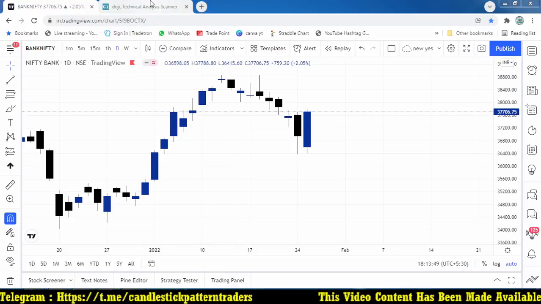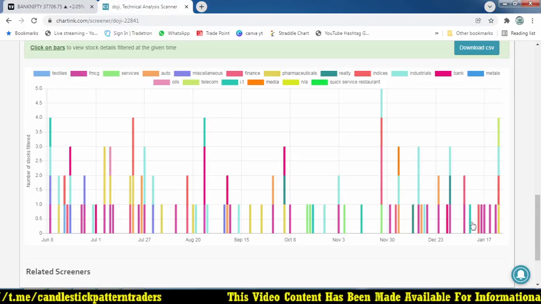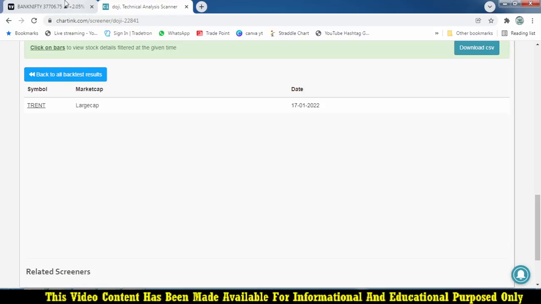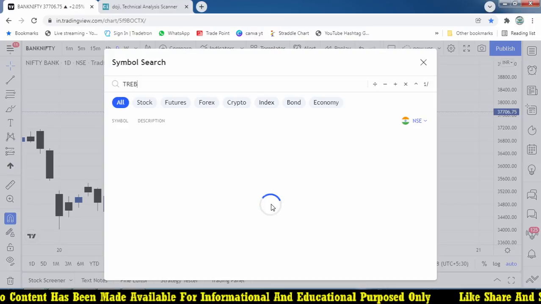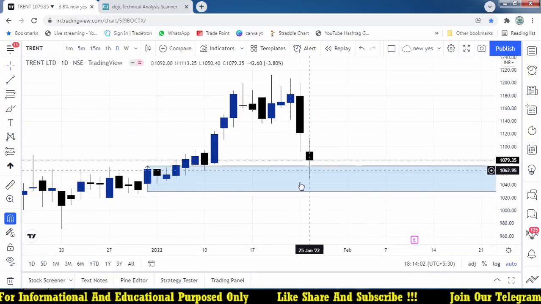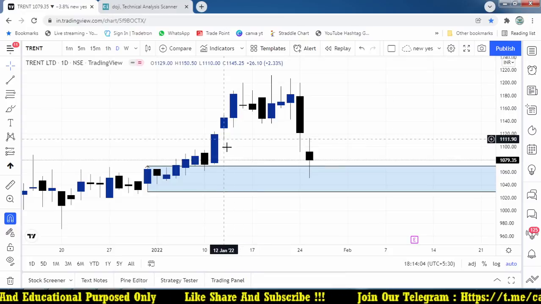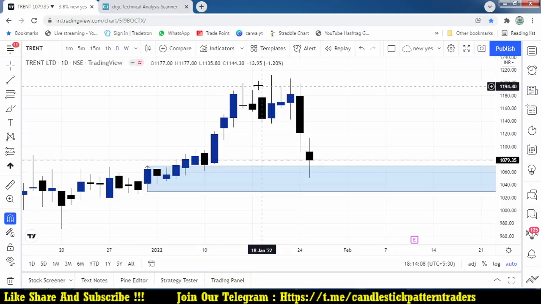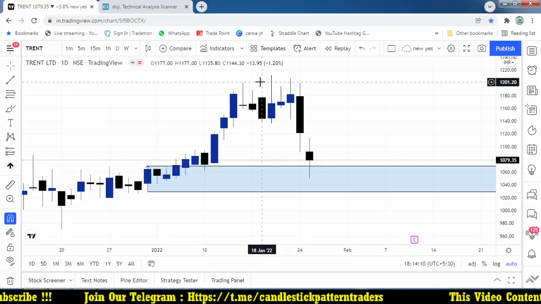So instead of that, we will see some other backtest result. 17th Jan trend. We will filter out even more. Trend maybe this 17th Jan, and it triggers the high after this entry point. It may be a stop loss, right?